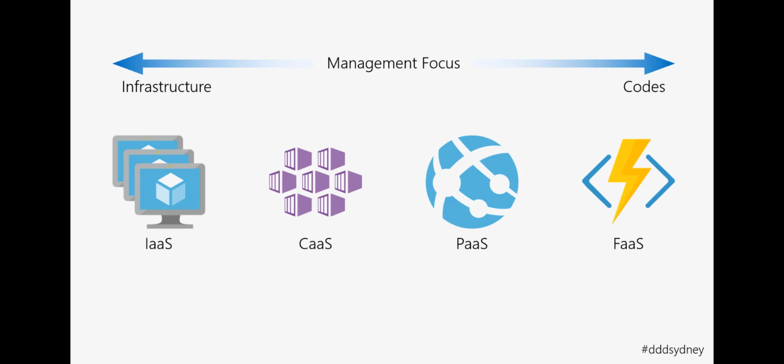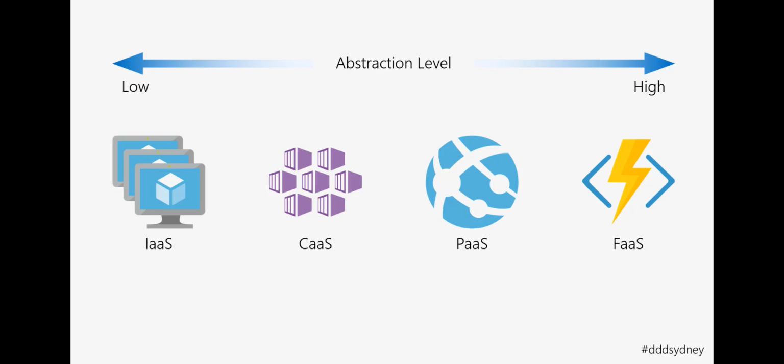From the management focus point of view, on the IaaS side we are focusing more on infrastructure. On the other hand, on the function as a service side, we are focusing more on the code side, right? So in terms of abstraction level, we have to take care of everything on the IaaS side.